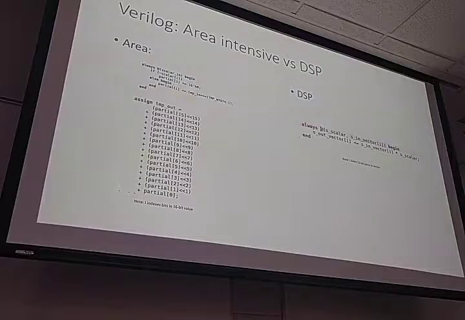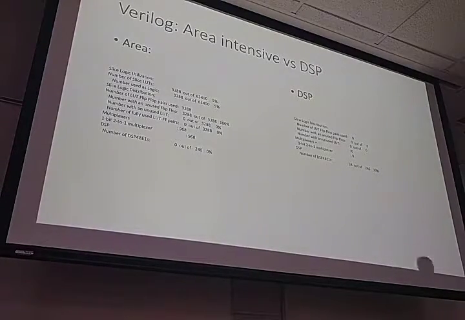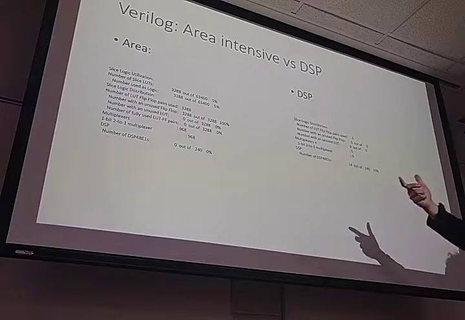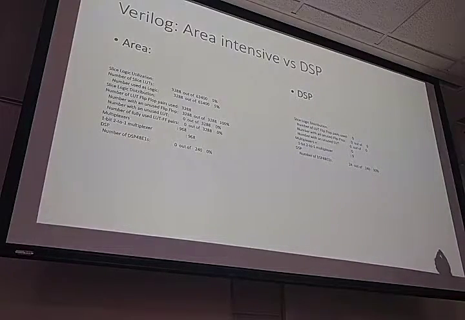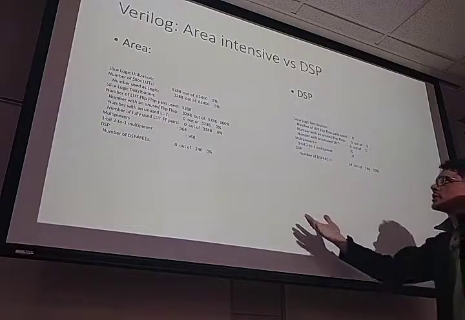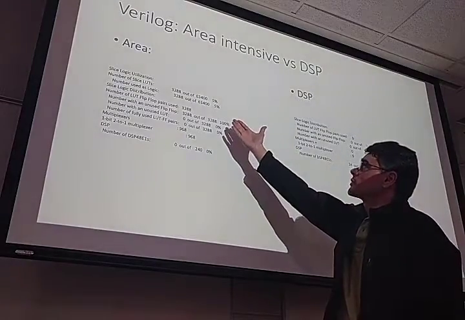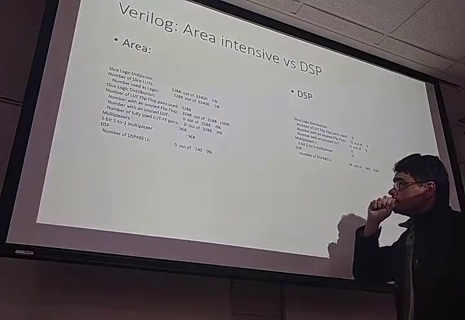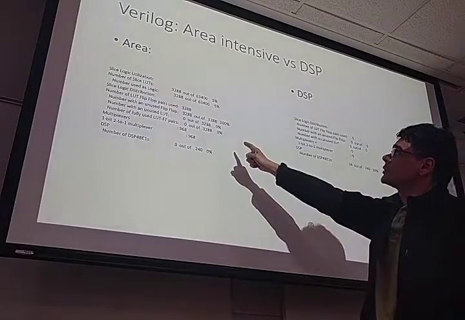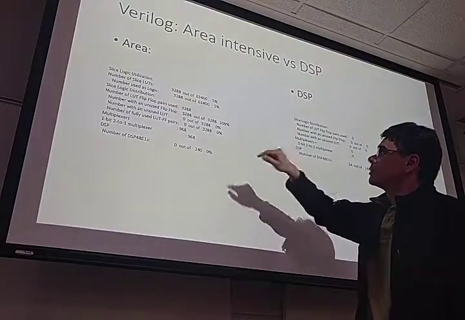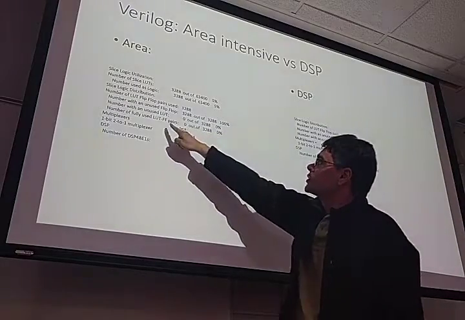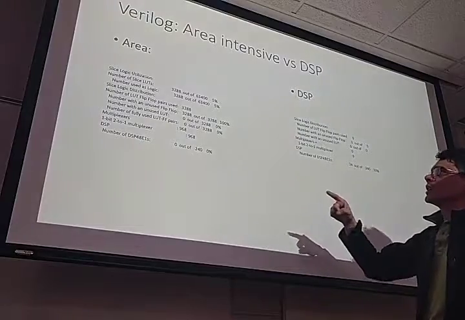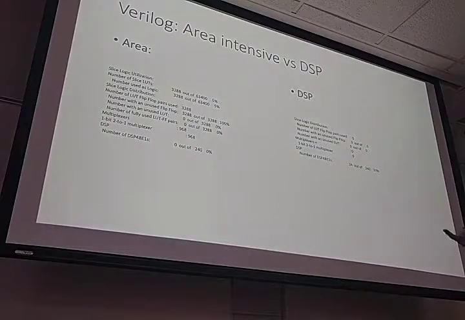So the result we had, for instance, for the area in a small device, like just one scalar multiplier that uses a lot of area, we are using actually almost 5% of the number of LUTs, and most of the slices are using just LUTs, not flip-flops, because we are in a combinatorial circuit at this point.